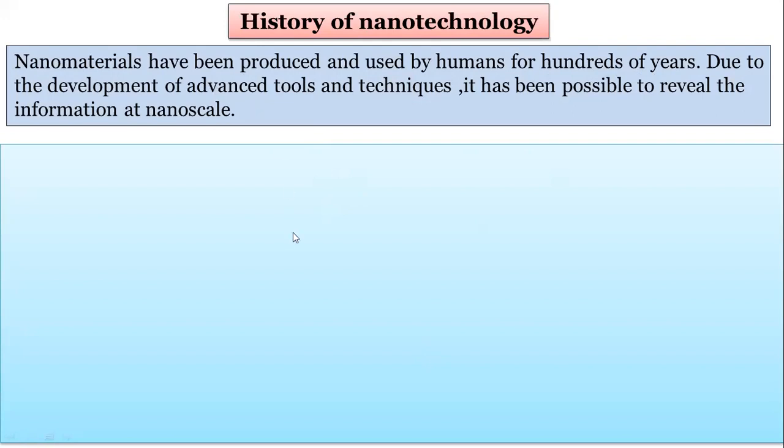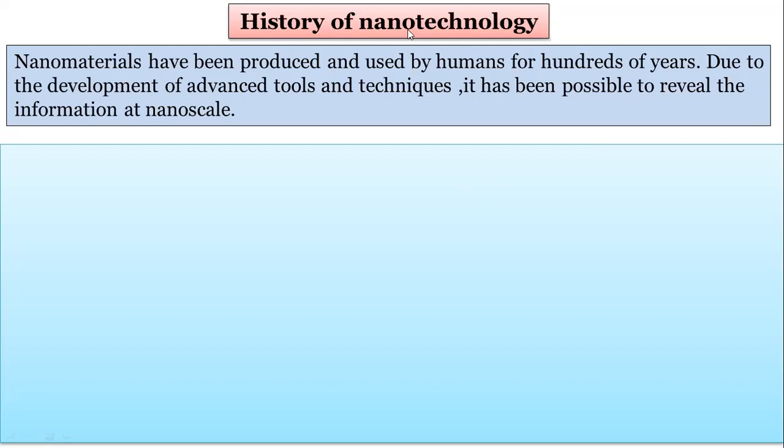Nowadays you know about nanomaterials, but we have been using these nanomaterials for hundreds of years, and due to the development in technology, advanced tools and techniques, it has been possible to reveal the information about the nanoscale.